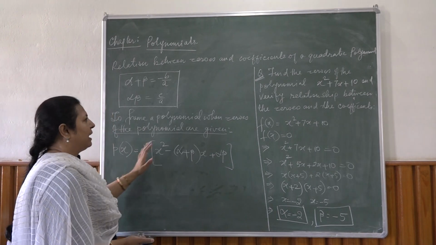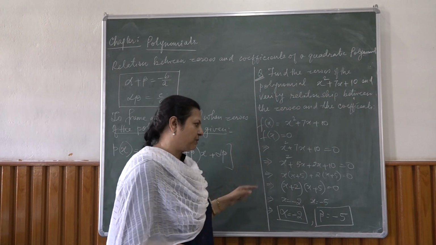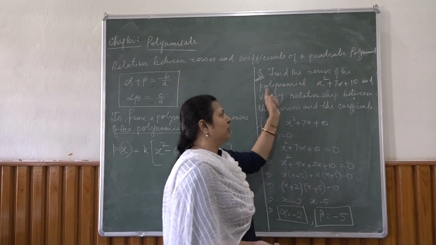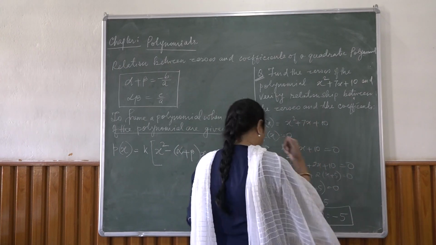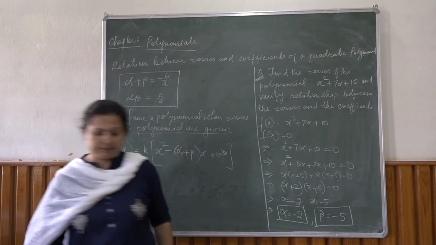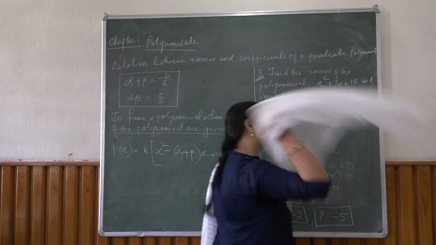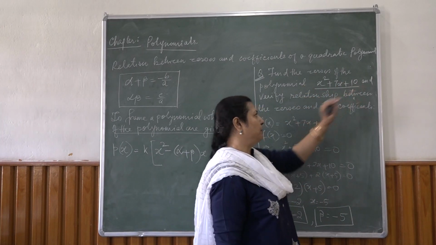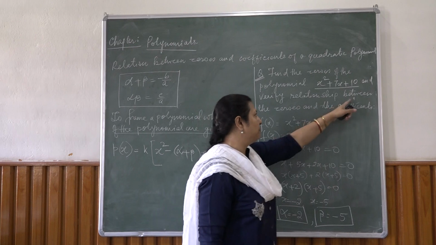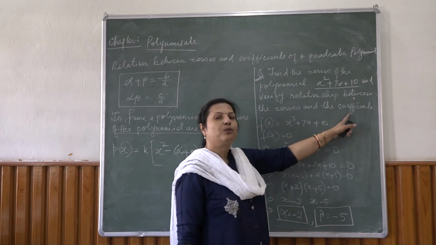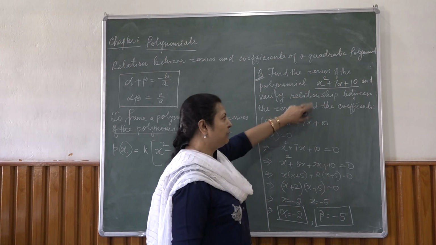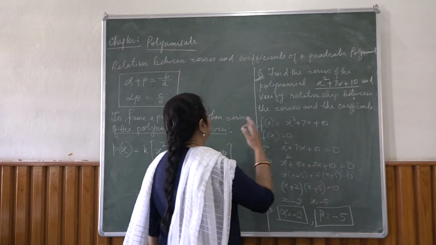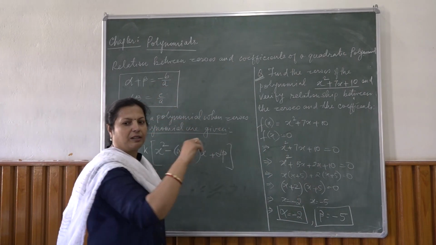So this is the type of question which you get related to this relation: find the zeros of the polynomial. Here the polynomial is given as x square plus 7x plus 10, and verify the relationship between the zeros and the coefficients of the polynomial.